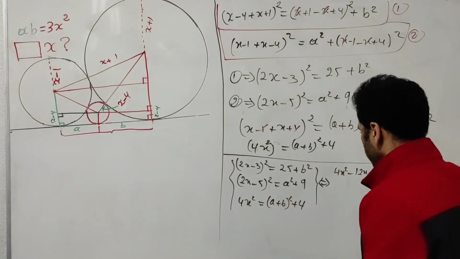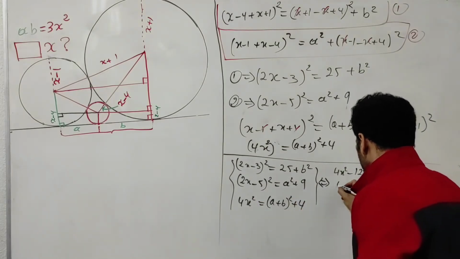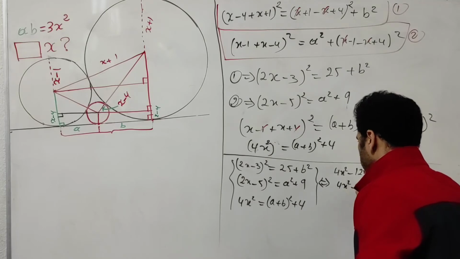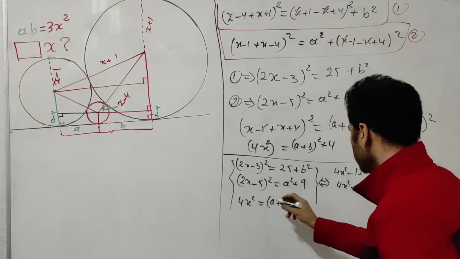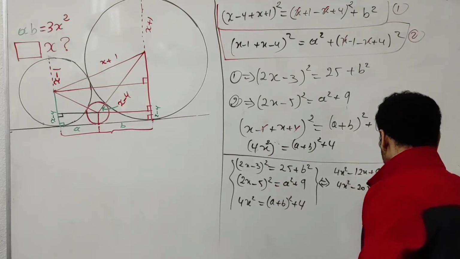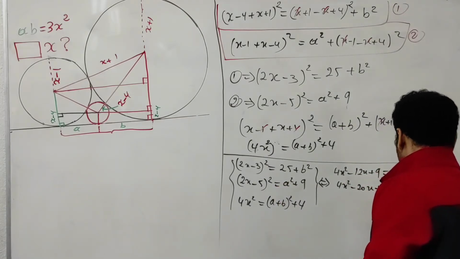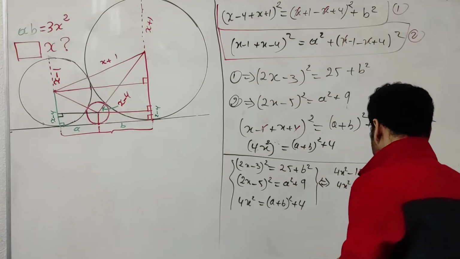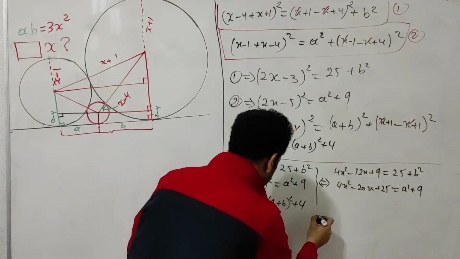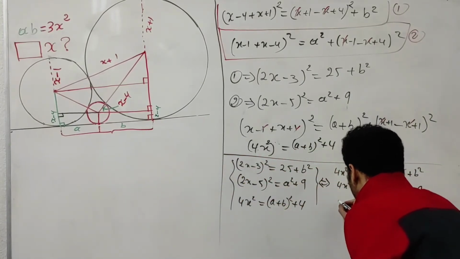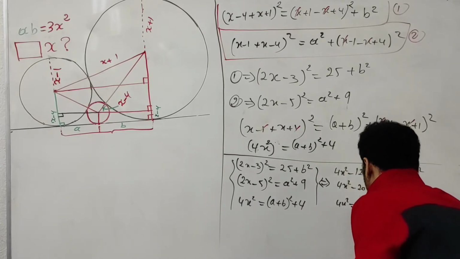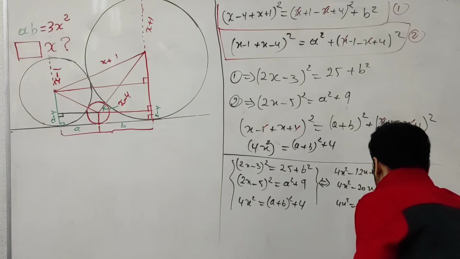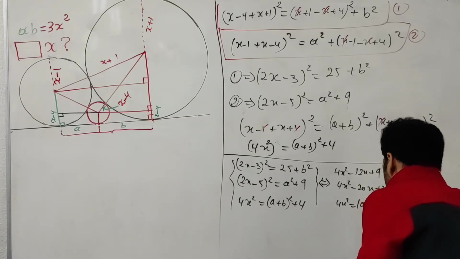For the second equation, I get 4x squared minus 20x plus 25 equal to a squared plus 9. For the last equation, I get 4x squared equal to a squared plus 2 times ab plus b squared plus 4.